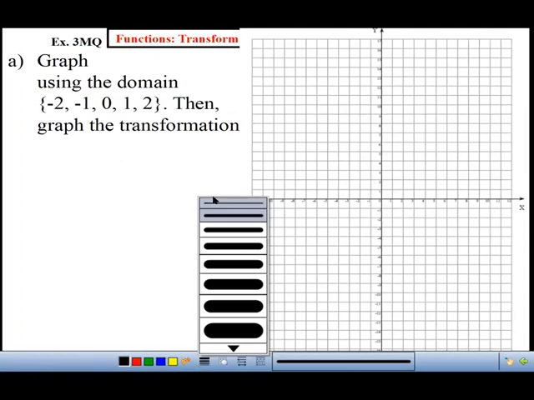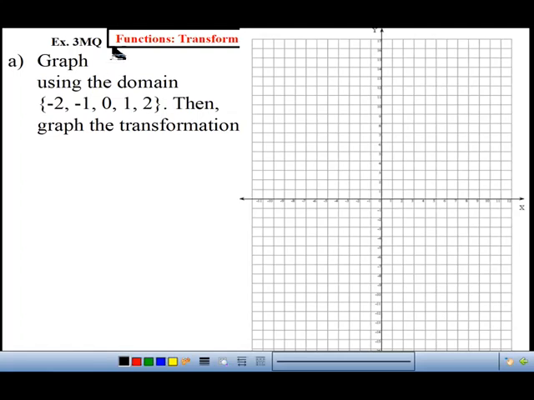We're going to graph f of x equals x cubed using the domain -2, -1, 0, 1, 2. Then graph the transformation g of x equals 2x cubed minus 5. You're like, oh, I see what you're doing, Mr. Q. Yes, by now you should be able to see this, right?